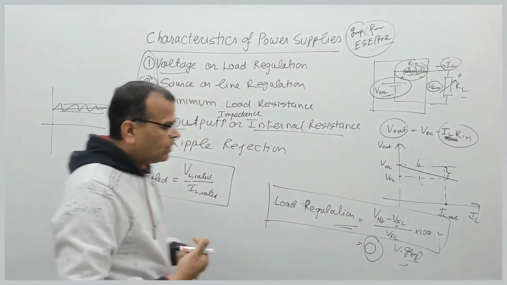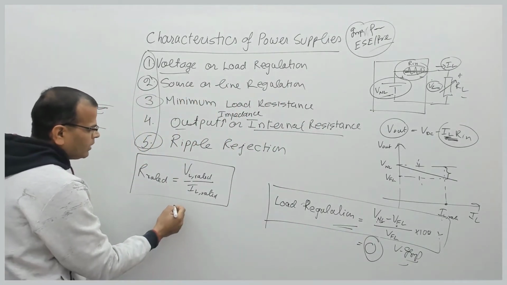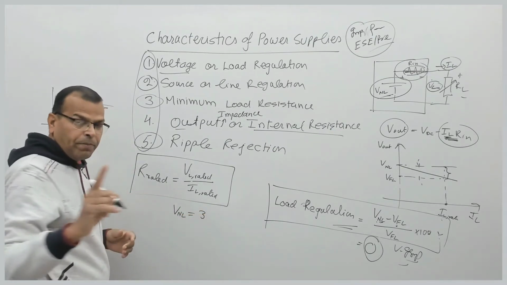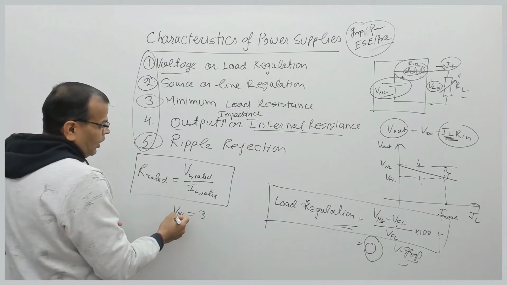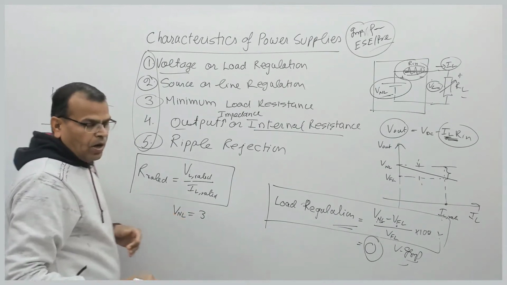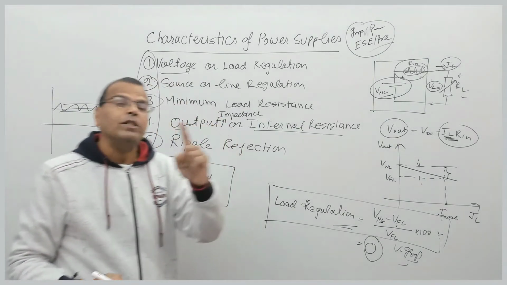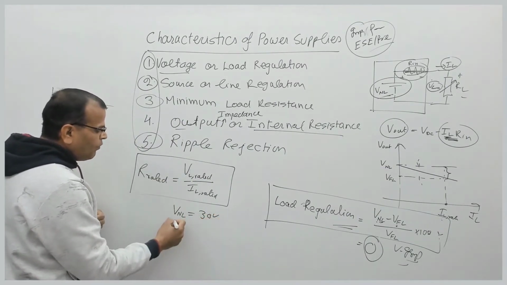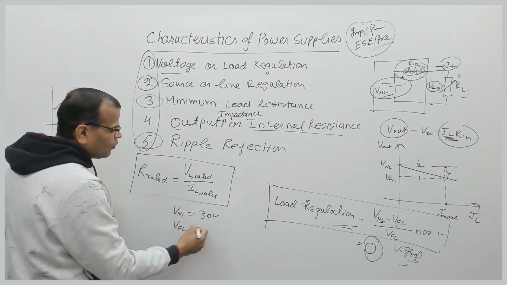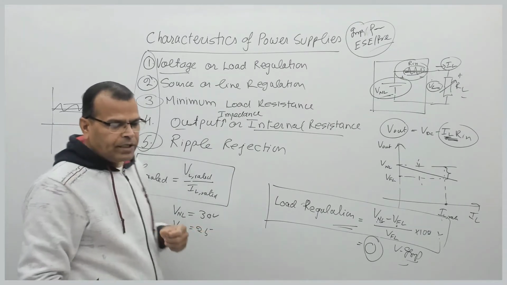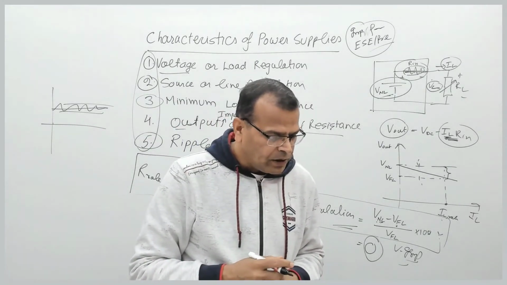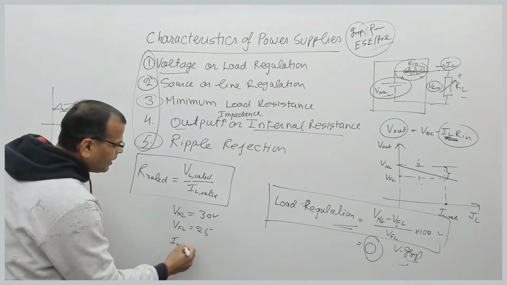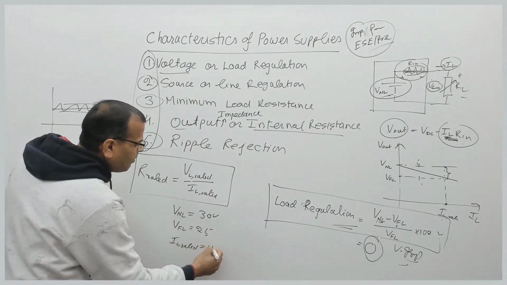The question was, a power supply has a no load voltage of 30 volt and the full load voltage of the power supply is 25 volt, and the rated load current is 1 ampere.